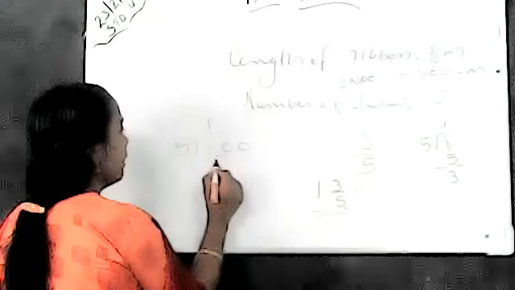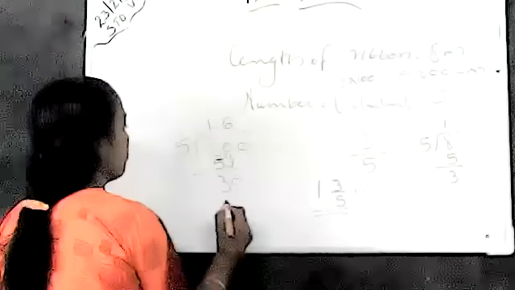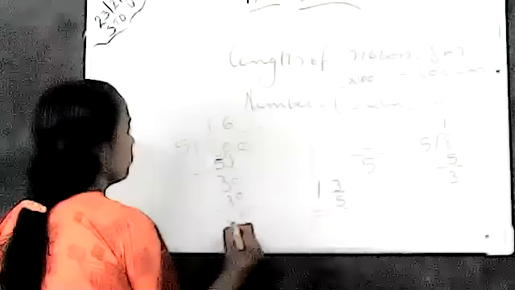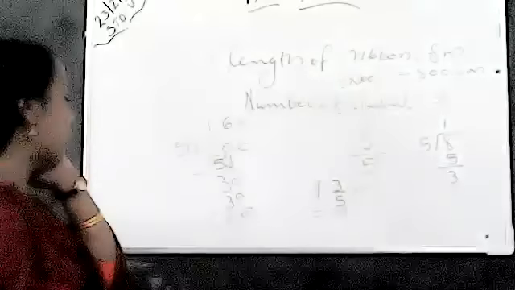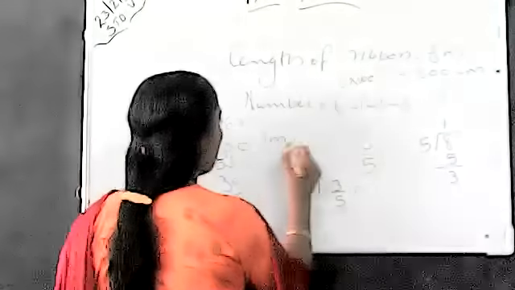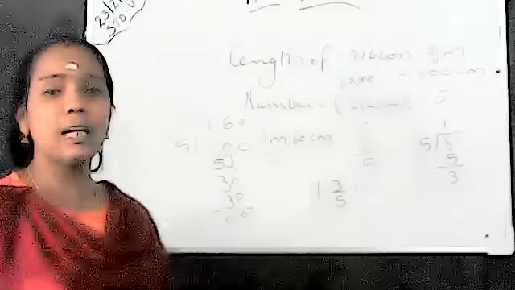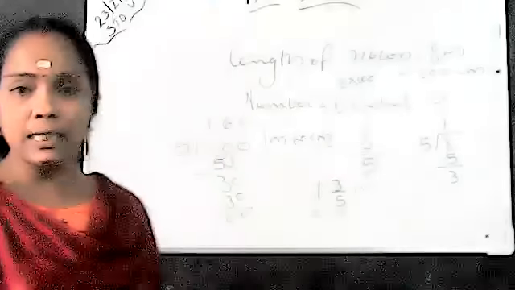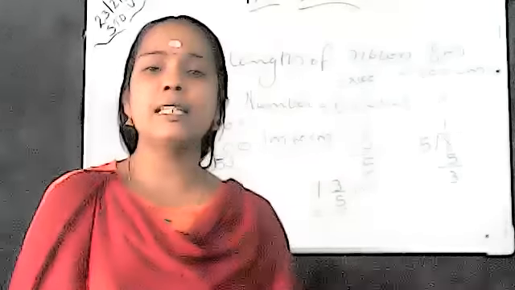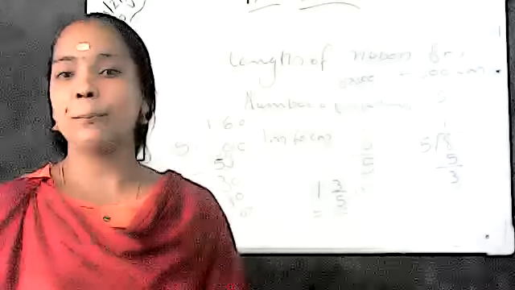Here 1 times 5, and so on. Each one got 1 meter 60 centimeter. That is the length of the ribbon in meter and centimeter.